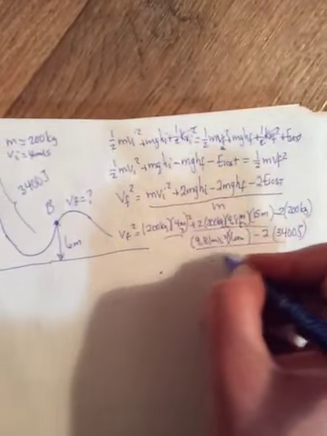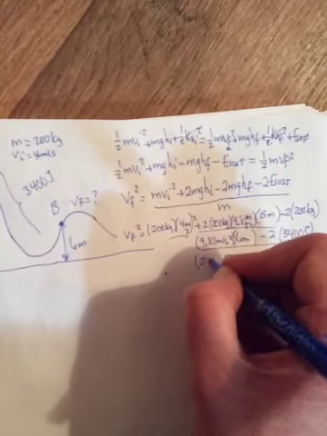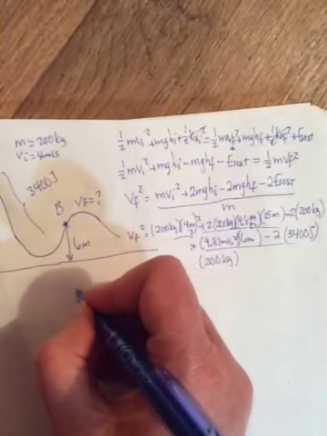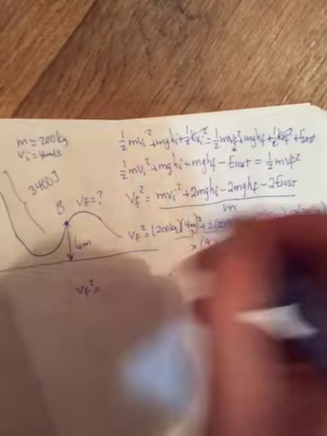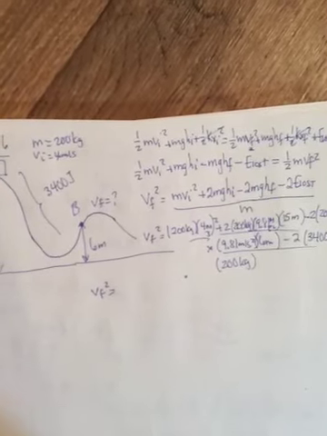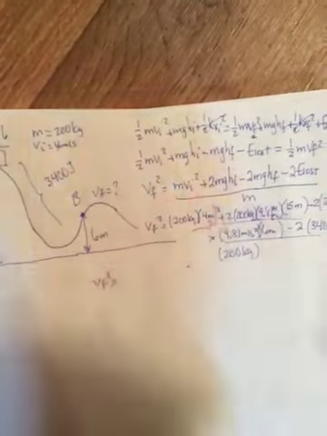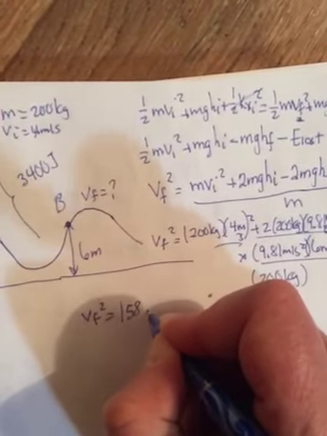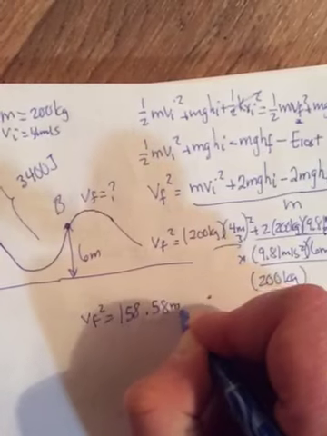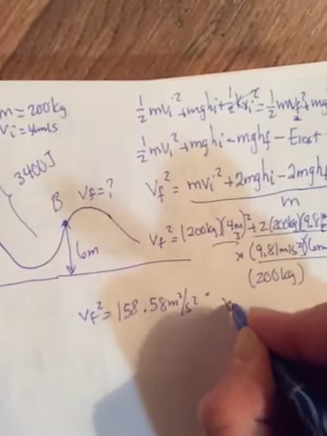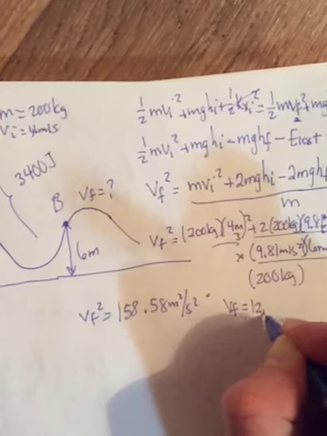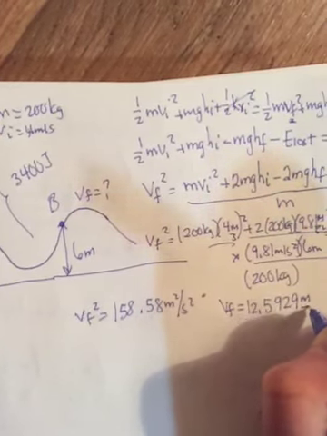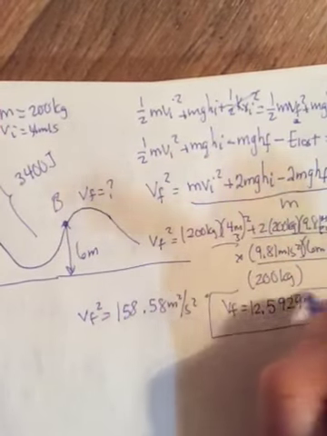And then this whole thing gets divided by 200 kilograms. Okay. All right, and when you do this, you get a VF squared of 158.58 meters squared per second squared. Take a square root. VF is 12.5929 meters per second. Okay?